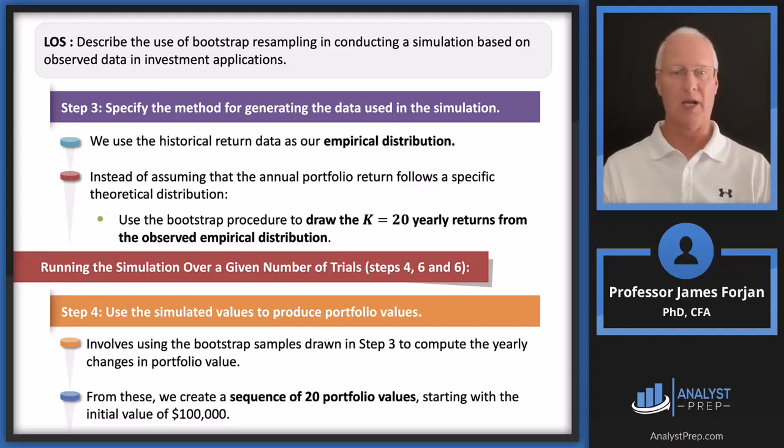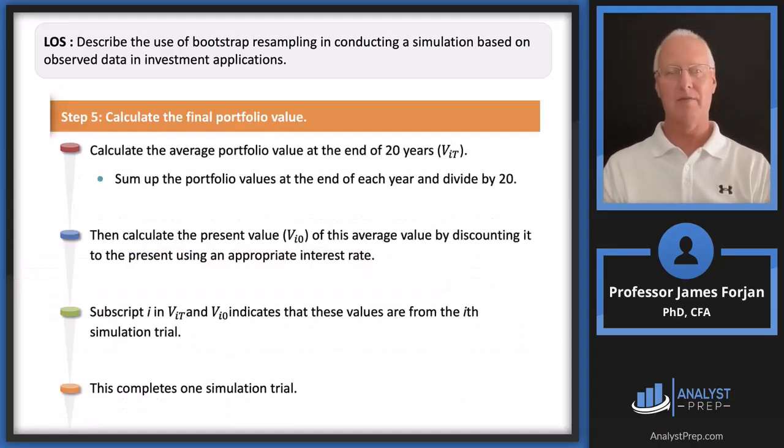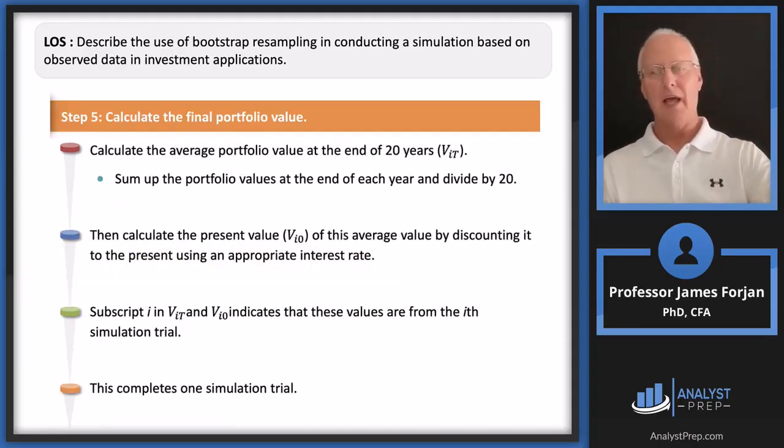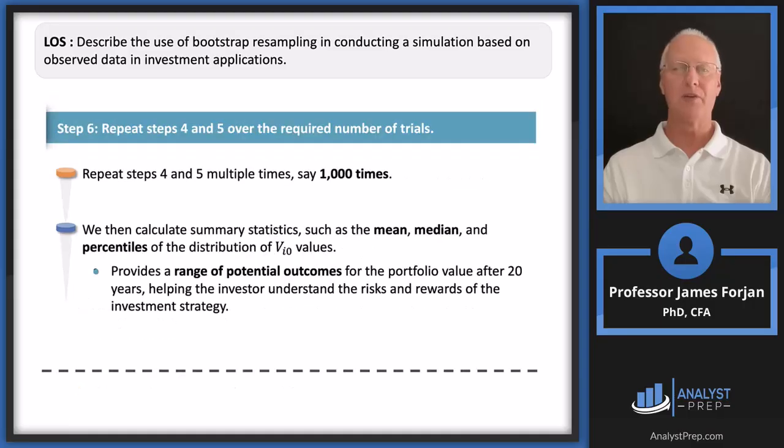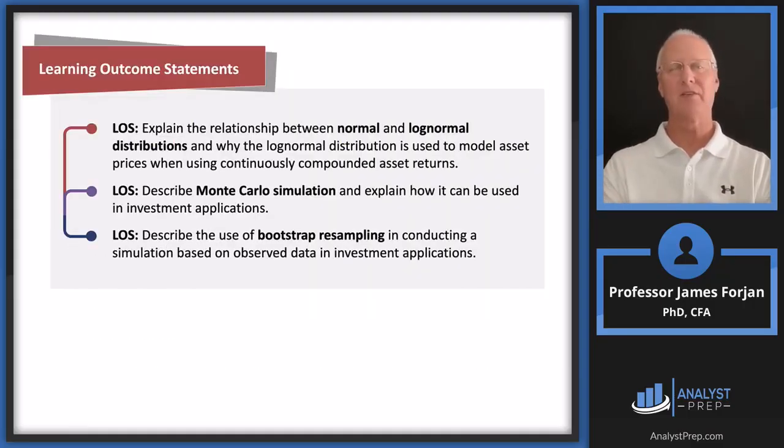We can do this 20 times, right? And we're going to do this over and over and over again. And then we have those future values. And we divide by 20, if we pick 20. And there's our one simulation trial. And then we do this many, many times. That takes us through here.